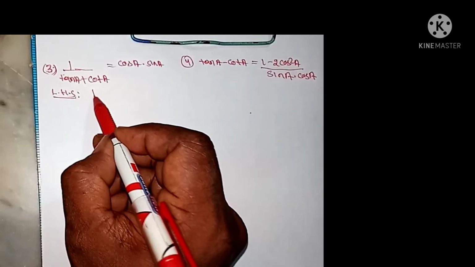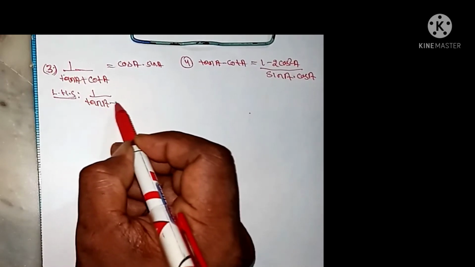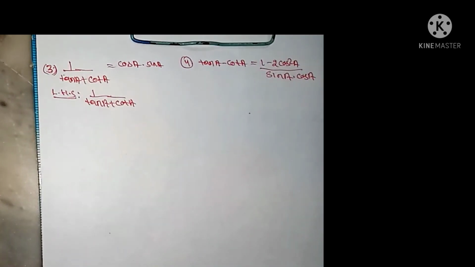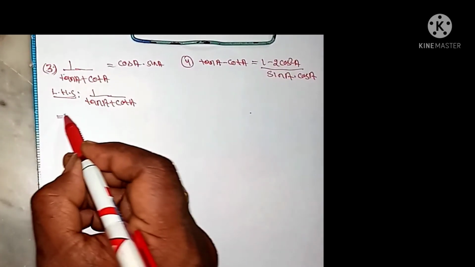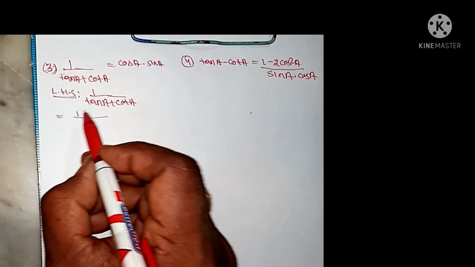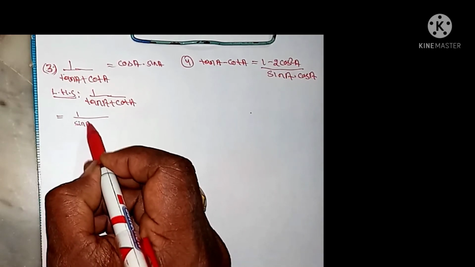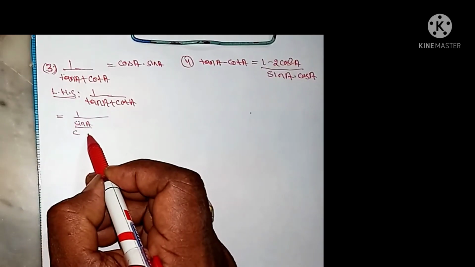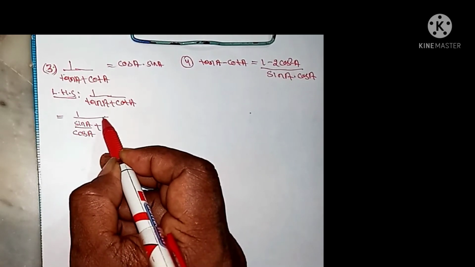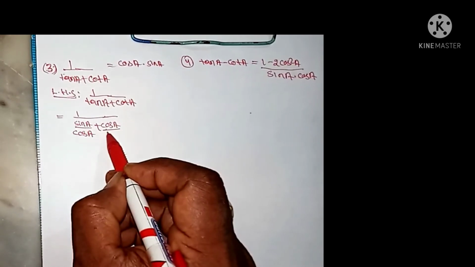LHS: 1 by tan A plus cot A equal to 1 by tan A, formula sin A by cos A. In place of cot A, write cos A by sin A.